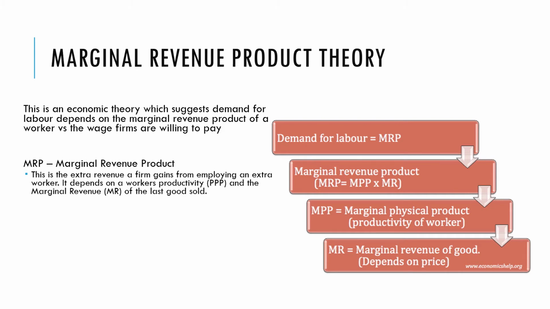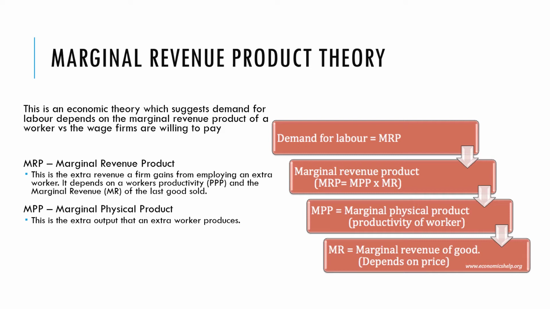The marginal revenue product is the extra revenue a firm gains from employing an extra worker. And this depends on how much the workers produce, their productivity, and also how much their output is sold for, which is the marginal revenue or the price. So we need to know about the productivity, the marginal physical product.